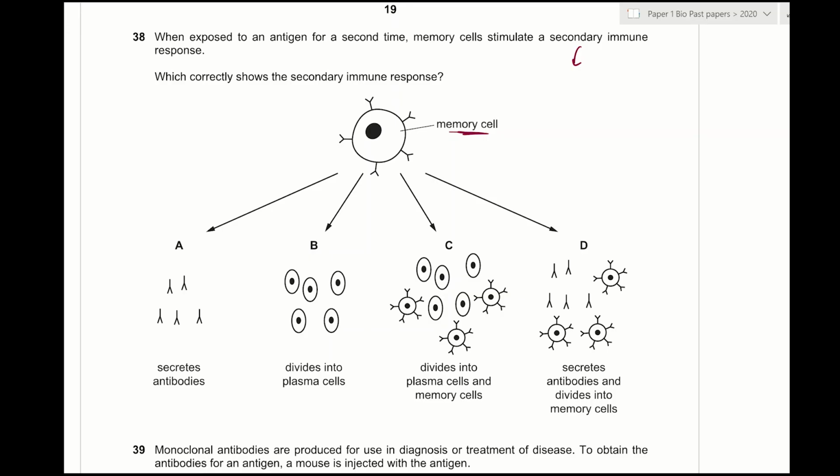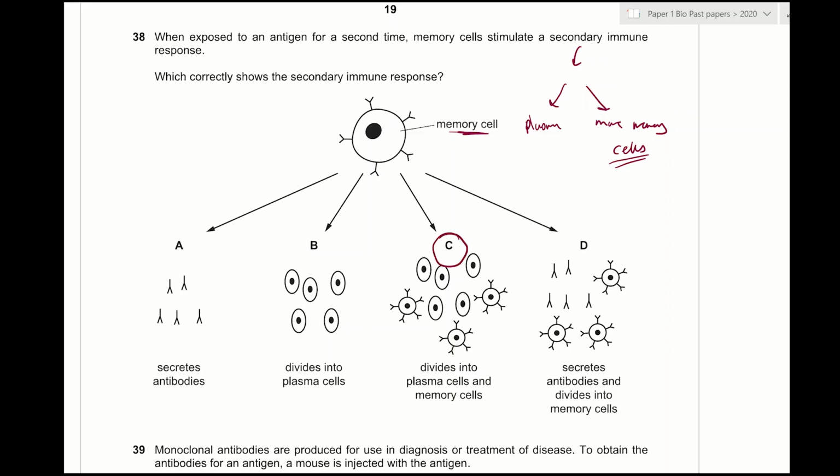Therefore, when this memory cell encounters the antigen for the second time, it divides at a much higher rate into both plasma cells and more memory cells. Therefore, the plasma cells secrete antibodies specific for this antigen. Therefore, the only correct answer must be C.